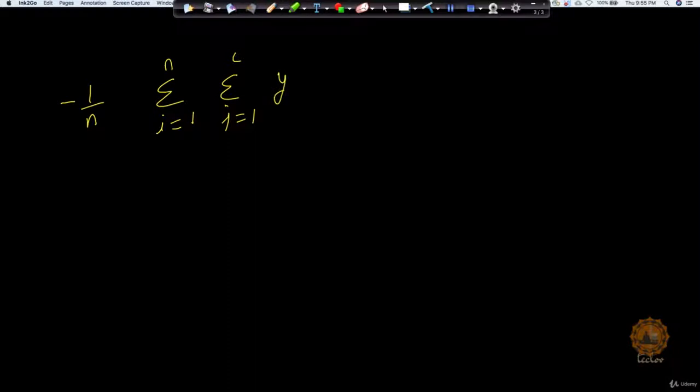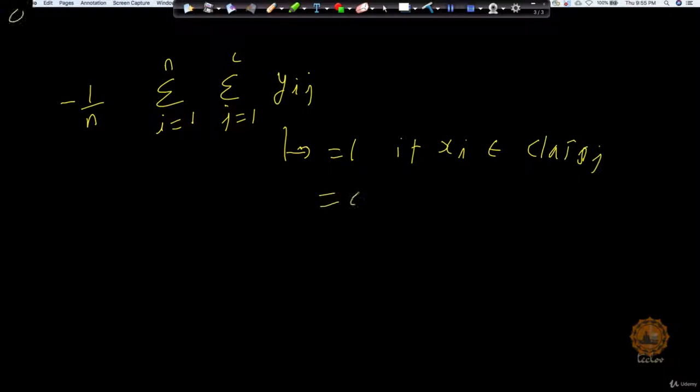For my multi-class log loss, the scenario is that I'm going to say 1 minus n, running it again for all the rows, but this time I'm going to run it over my classes from 1 to C. And here I'm going to put Yij, which is going to be equal to 1 if my Xi belongs to class j. If this is the case, it's going to be 1, otherwise it's going to be 0.